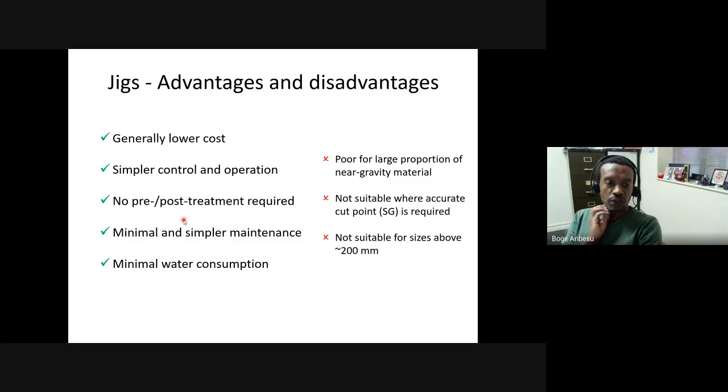But one of the main issues is, especially if you have a lot of particles close to the separation gravity, then you would have very poor performance. So that's one of the downsides of using jigs. They may not give you a very accurate separation, if you like. Okay. And obviously, in terms of size, if you have very coarse particles, say beyond 200 millimeters, they may not actually work well as well.